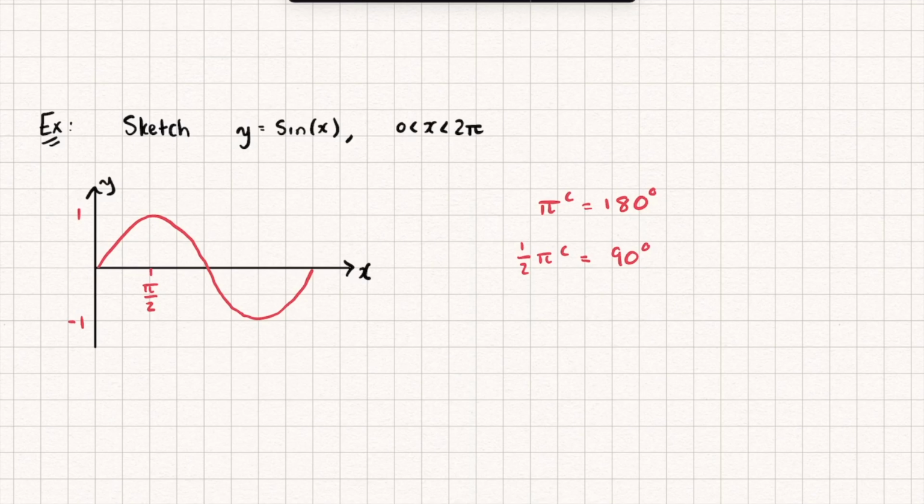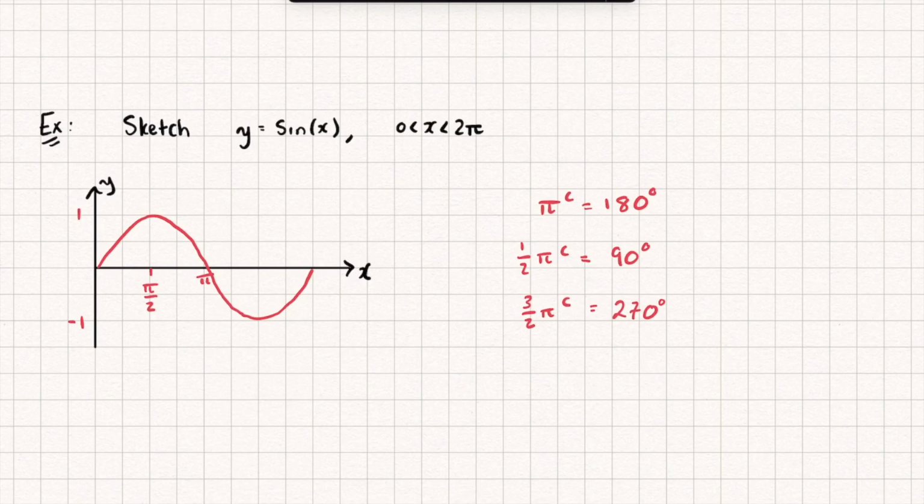I know that the graph crosses the x-axis at 0 at 180 degrees, and that's equal to pi radians, so I can write that on here. I know that it has this trough at -1 at 270 degrees, and I can work out how many radians that is by multiplying by 3 on both sides, because 270 degrees is equal to 3 over 2 pi radians.